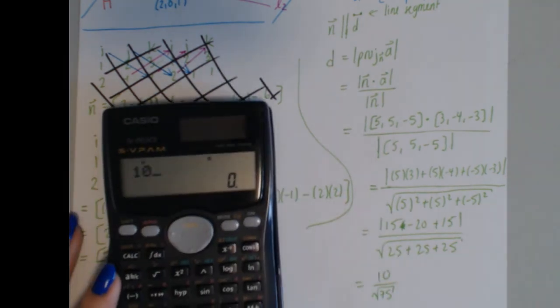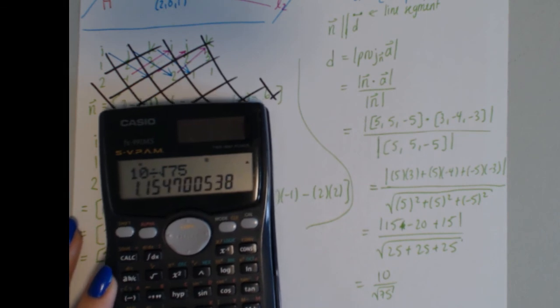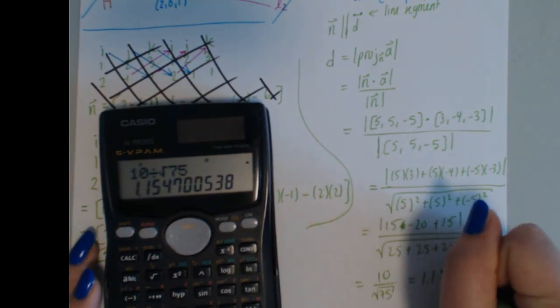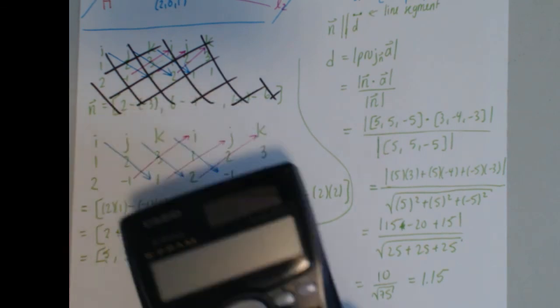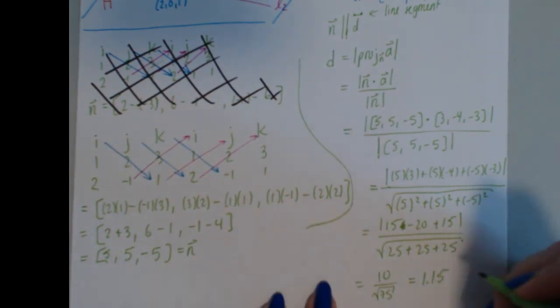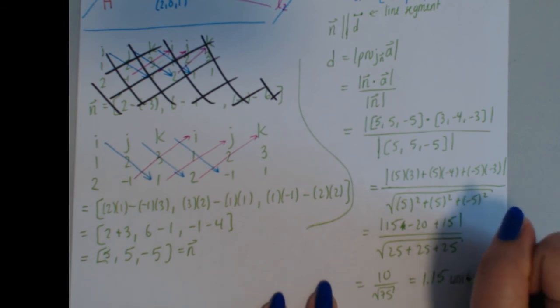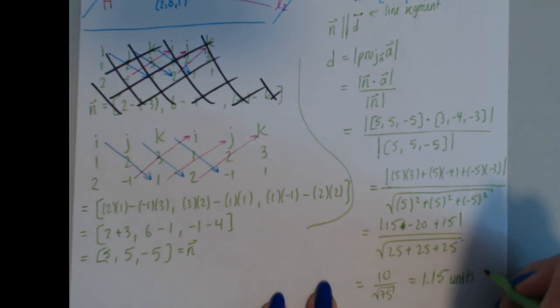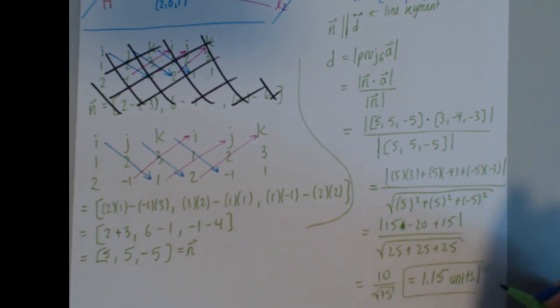So 10 divided by root 75, and we get 1.15 units approximately. So I'm using the IB rule of thumb here when I'm only putting 3 significant figures, but again, that depends on the specific instructions for the question. So the distance is approximately 1.15 units.